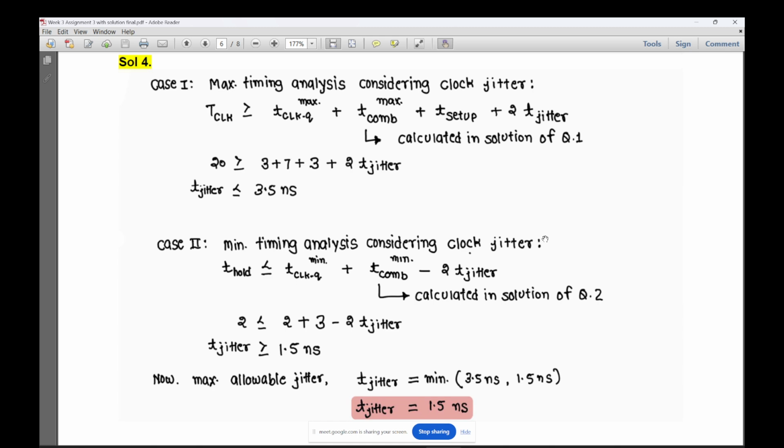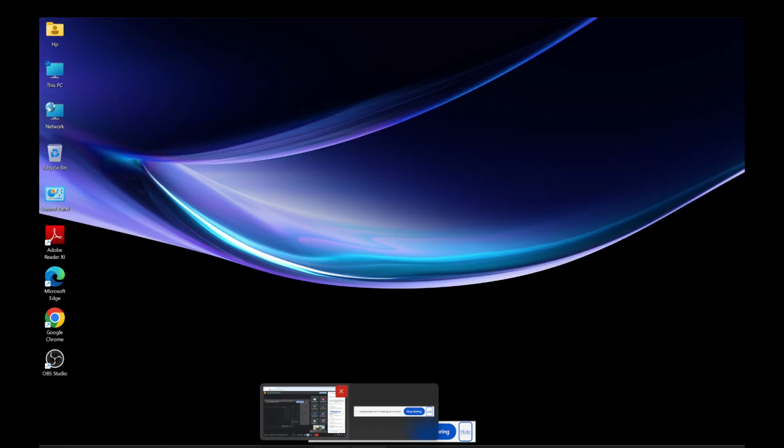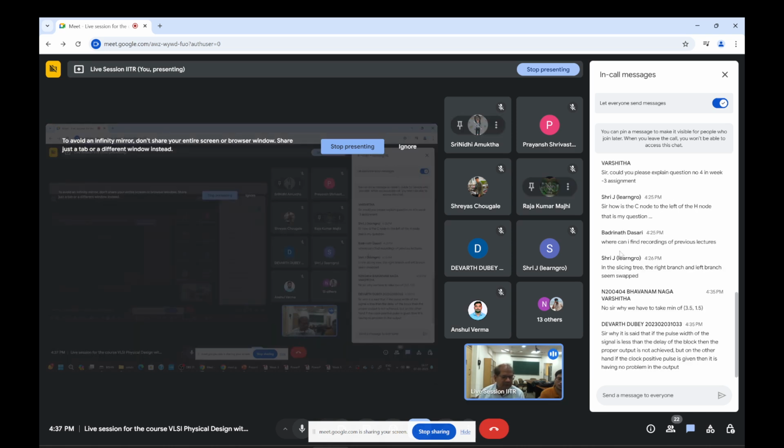So for this one it will be 3.5, yes. Actually, what is the question here?